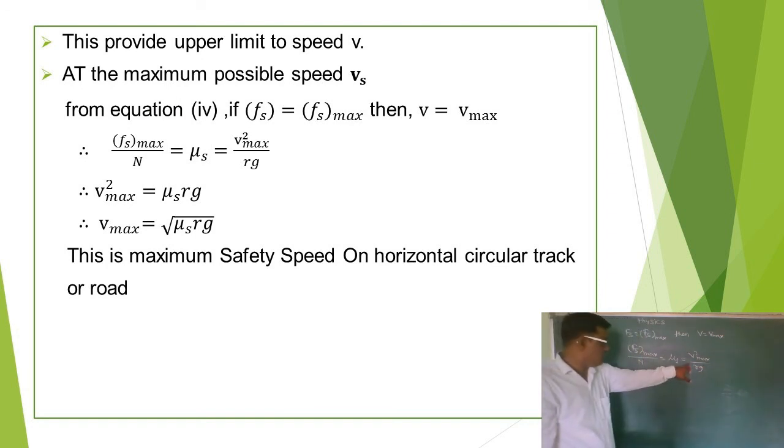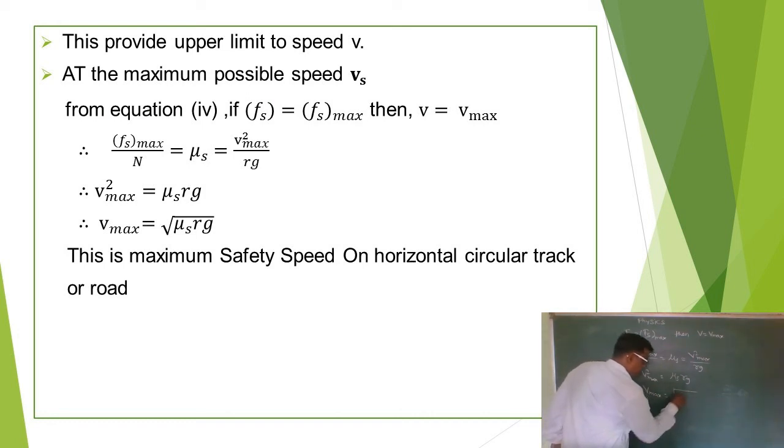From this equation, v square max is equal to mu s r g. Therefore, the maximum safe speed of the vehicle on a horizontal circular track is v max equal to under root mu s r g. Thank you.